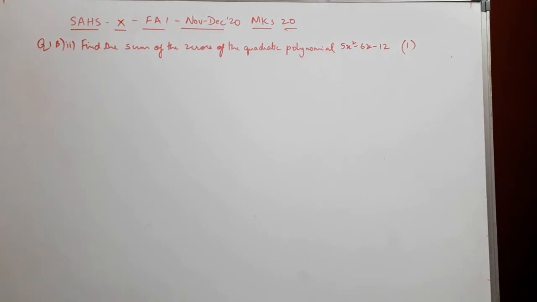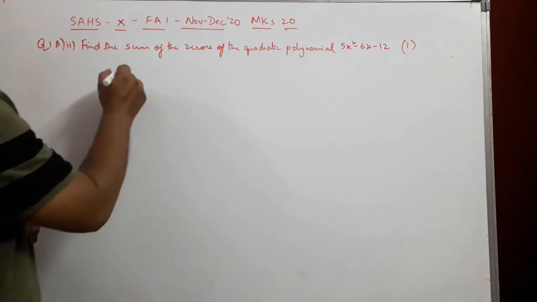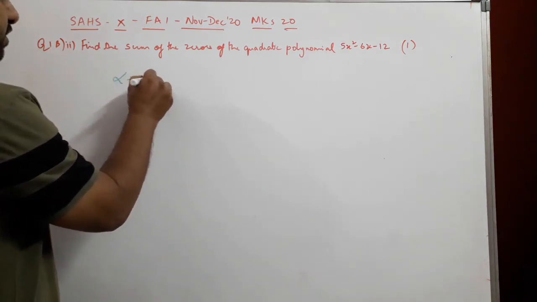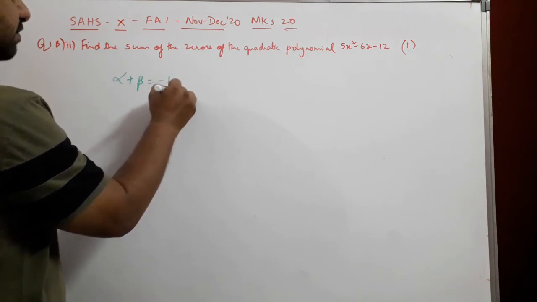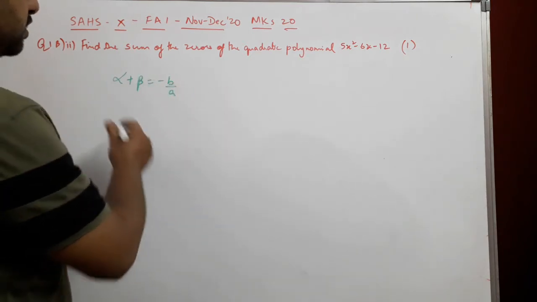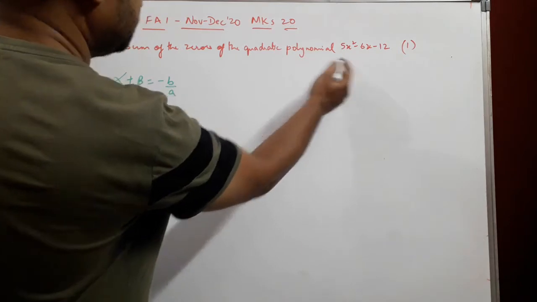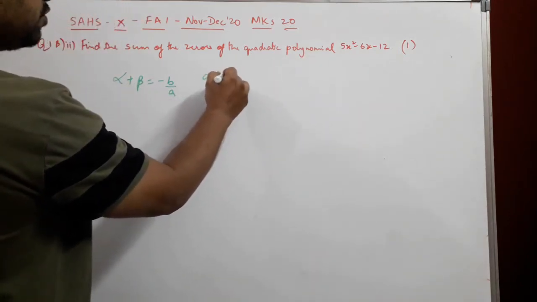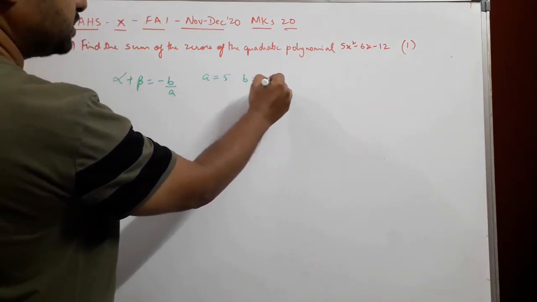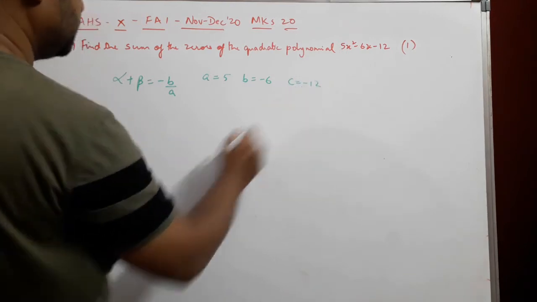The question 1b, second problem, is find the sum of the zeros of the quadratic polynomial 5x square minus 6x minus 12. For this we have a formula to find the sum of the zeros: alpha plus beta equal to minus b upon a. It's for 1 mark. So in general form a is equal to 5, b is equal to minus 6 and c is equal to minus 12.